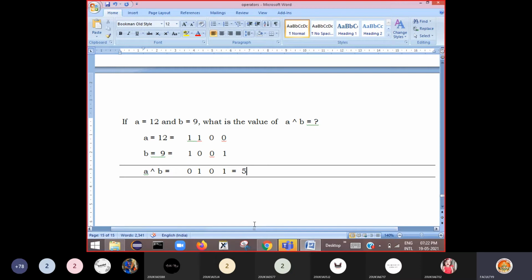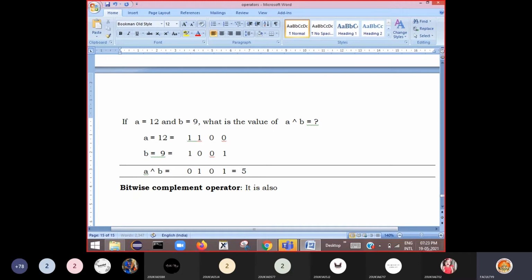So if this is clear, then we'll move on to the bitwise complement operator. The last operator in bitwise is the bitwise complement operator.